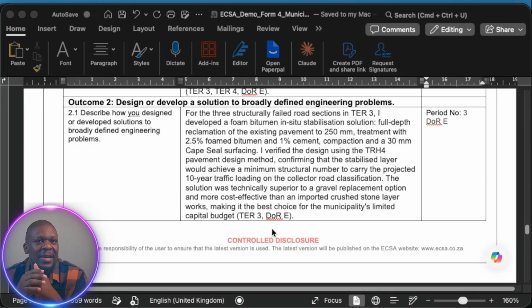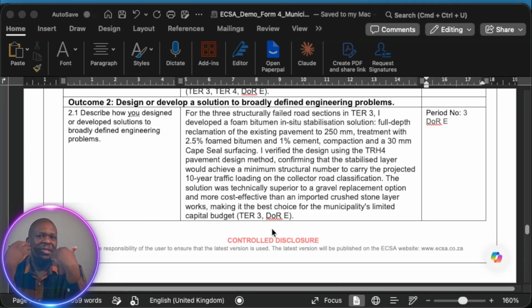Now, here it says, describe how you designed or developed solutions to a broadly defined engineering problem. In period 3, degree of responsibility E, for the 3 structurally failed road sections in period 3, I developed a foam bitumen in situ stabilization solution.